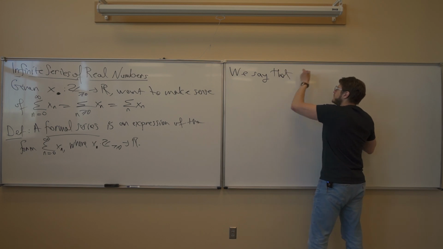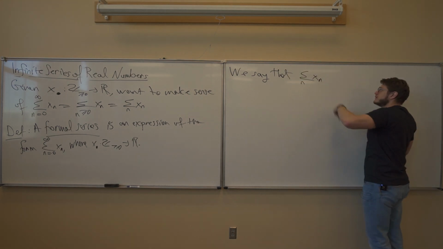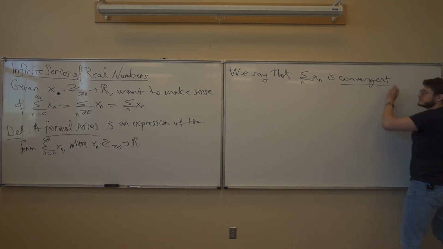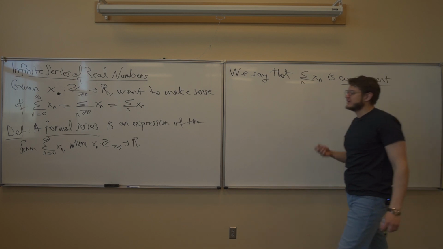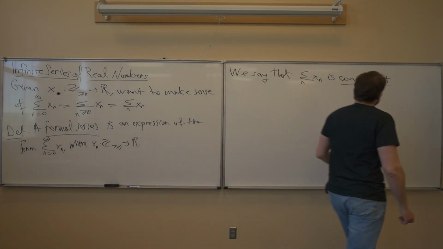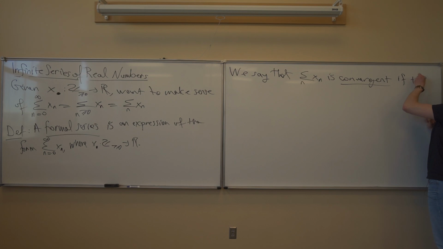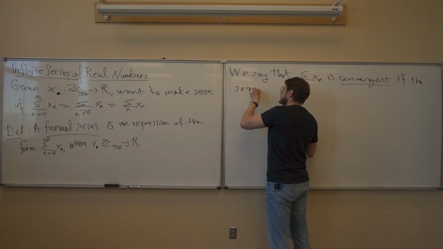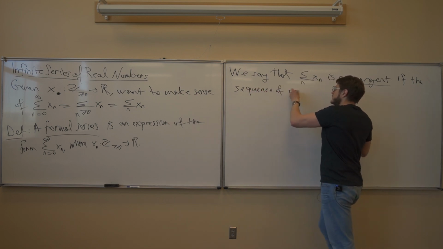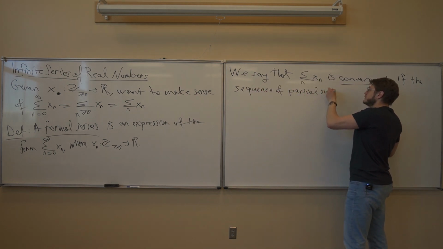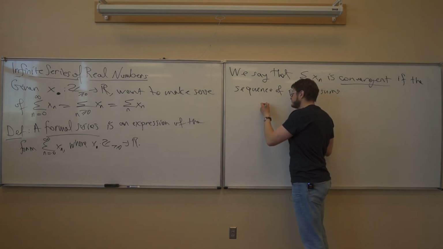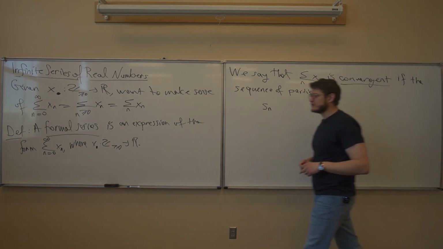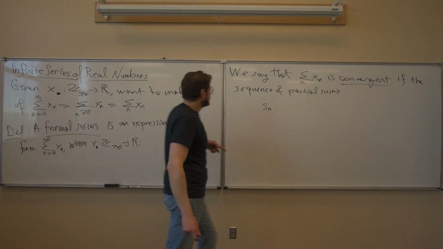You say that this formal series is convergent, and it's a convergent series if the sequence of partial sums, which are typically denoted like this, instead of using this integral of x, because it can get confusing, it's sort of like abstract, we're just going to use some other letter.